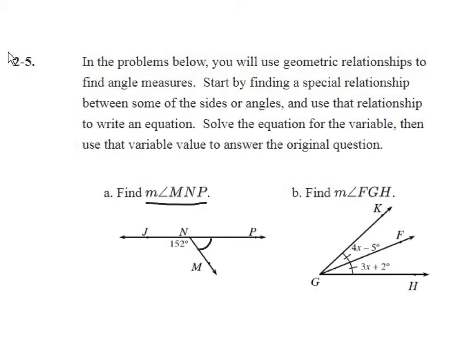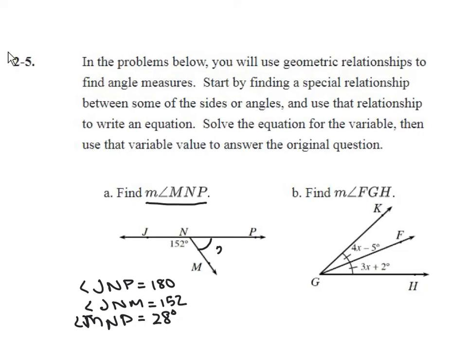Well, I know that JNP is 180 degrees, and I know that angle JNM is equal to 152 degrees. So therefore I know that angle MNP is equal to 28 degrees because these are supplementary.